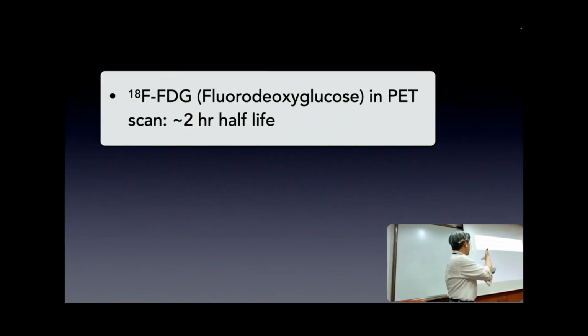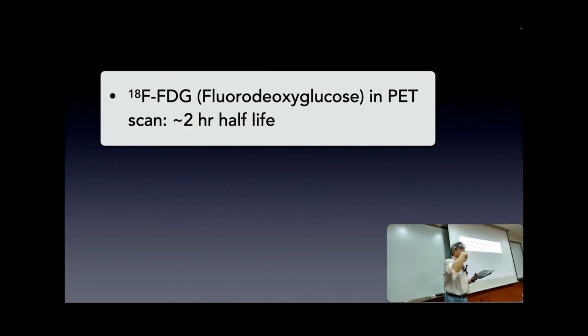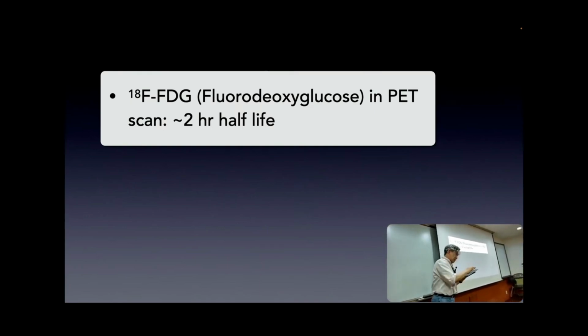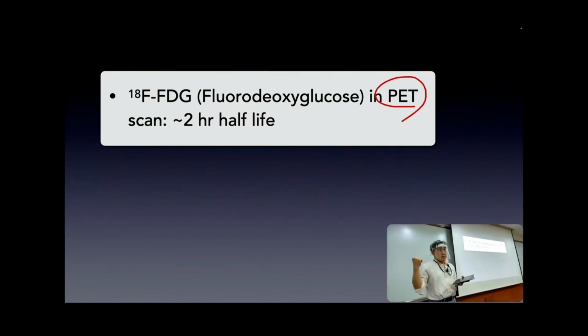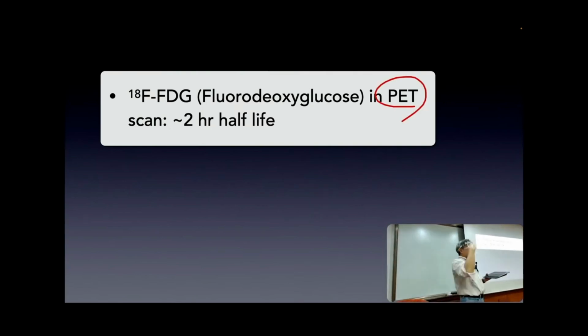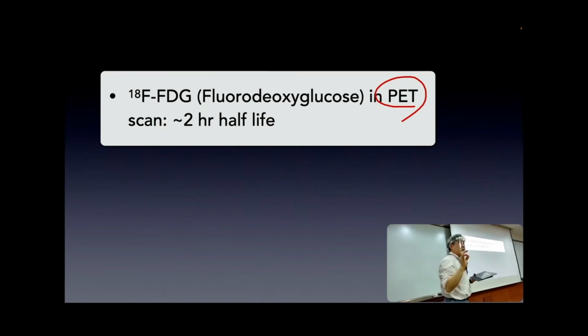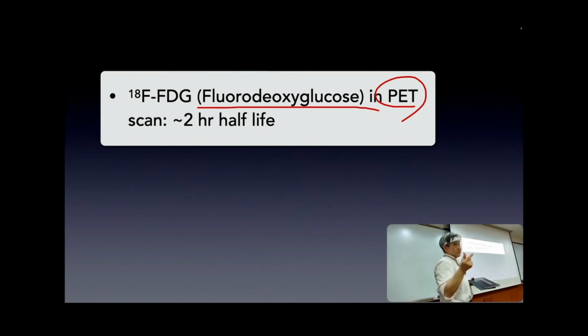So, for example, in your frequent visits to a doctor's office, when you have a routine diagnosis like a PET scan, you ingest a very small amount of radioactive isotope. In this case, this is some glucose analog.